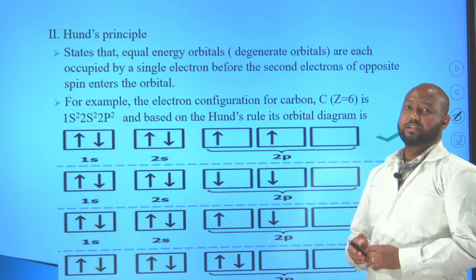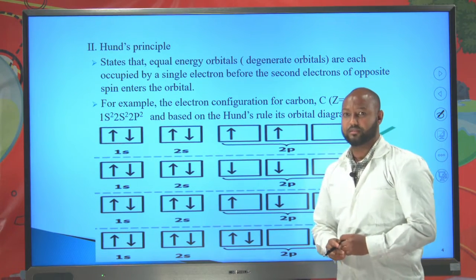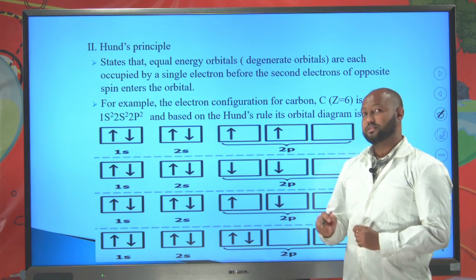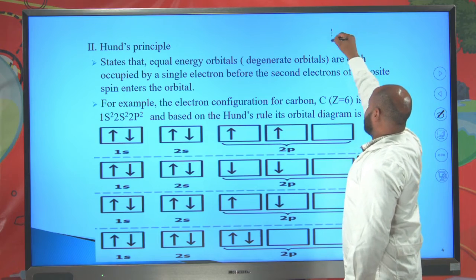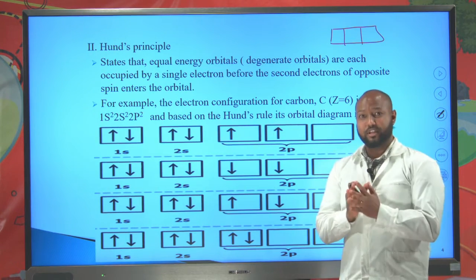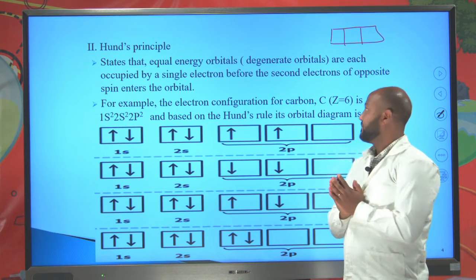The second principle is Hund's principle, which talks about equal energy orbitals. What are these equal energy orbitals? As I said before, P has 3 orbitals, Px, Py and Pz. They are the same energy, equal in energy. They are called degenerate orbitals.